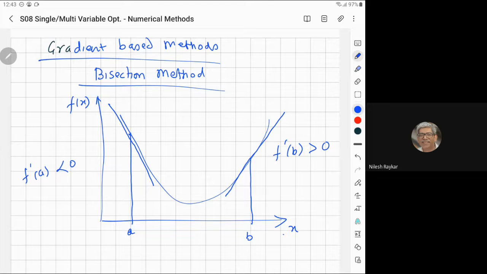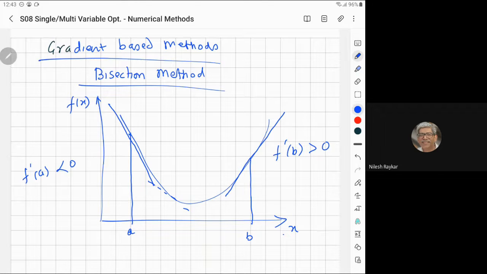This will ensure that the minima lies in between. If both slopes are of the same side, for example A and B are such that both are negative, then if only one minima is there, the minima cannot lie in this particular region. So one has to be positive, and the slope has to go from negative to 0, and then become positive. That is why we keep those two limits.